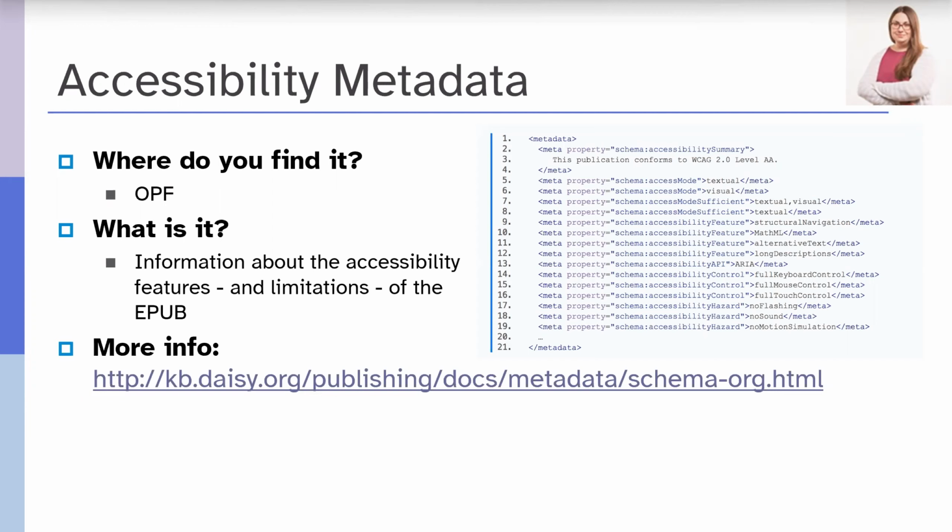There is a section for accessibility API, so if you are using ARIA, you can include that information. And accessibility control means that if you're trying to read the ebook and you are a keyboard only user, or mouse only user, or any other alternative, then you can identify these usages.